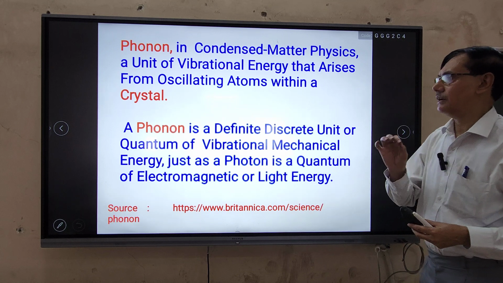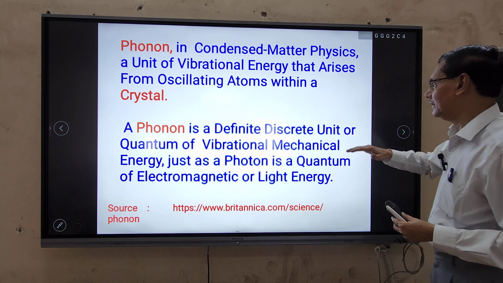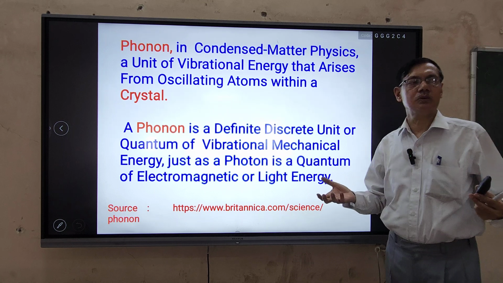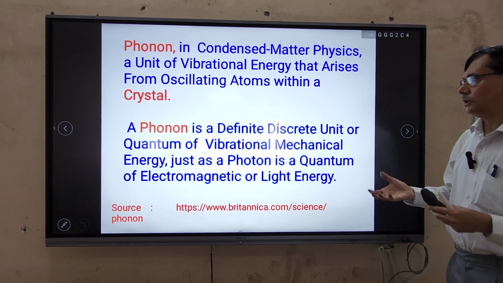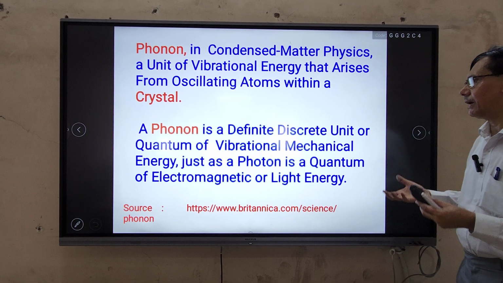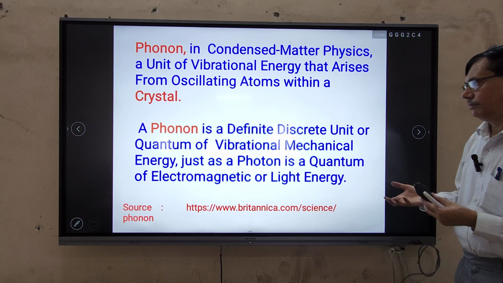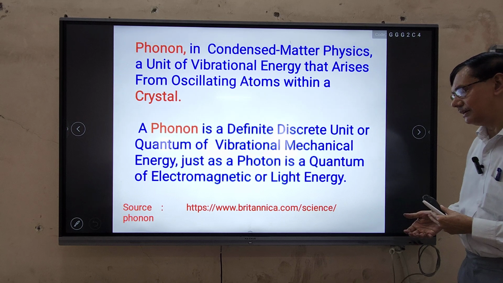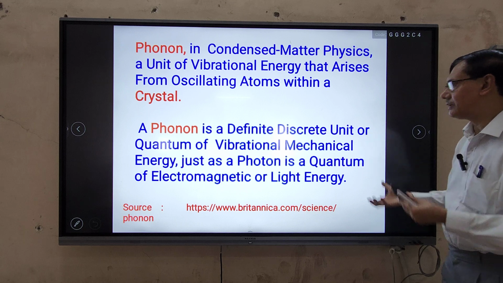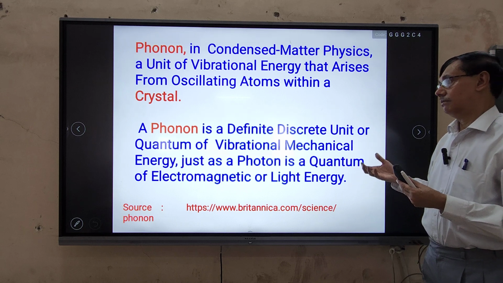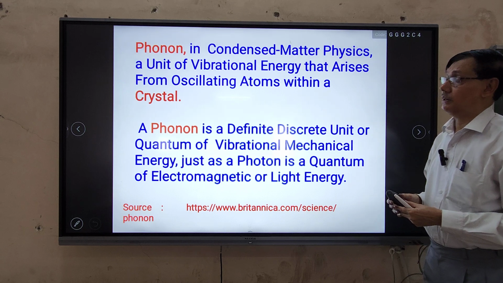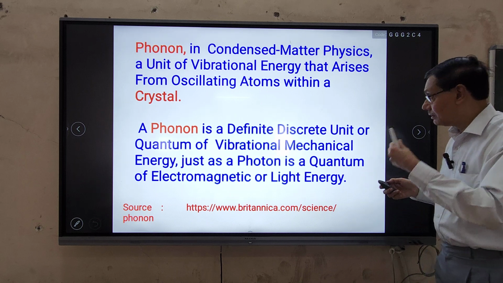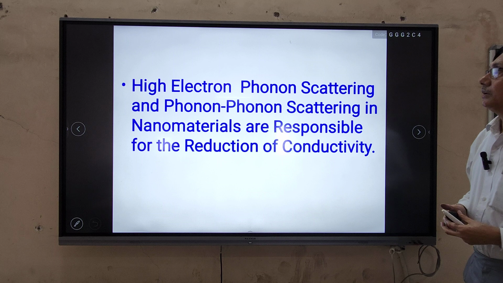The actual definition: a phonon is a discrete unit or quantum of vibrational mechanical energy, just as a photon is a quantum of electromagnetic light energy. Both are very important here. So there is phonon interaction and phonon-electron scattering.